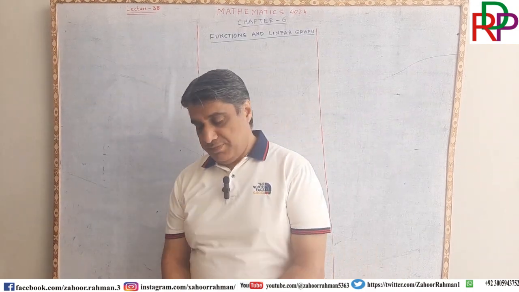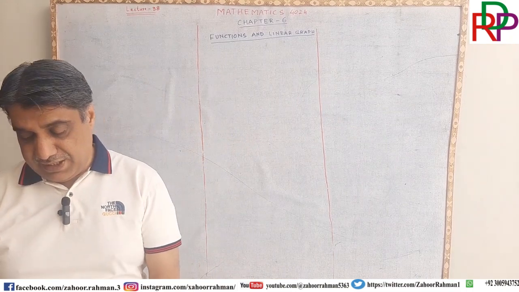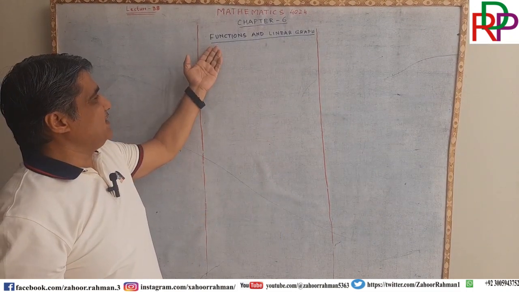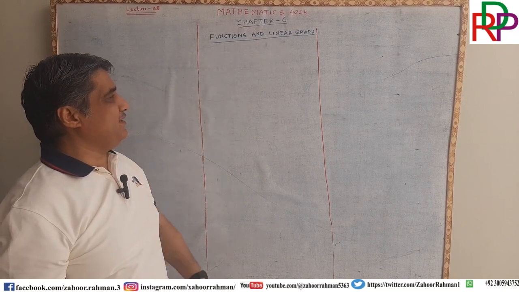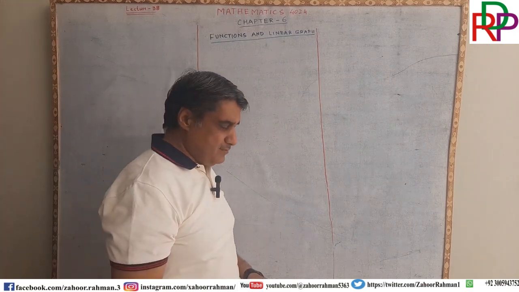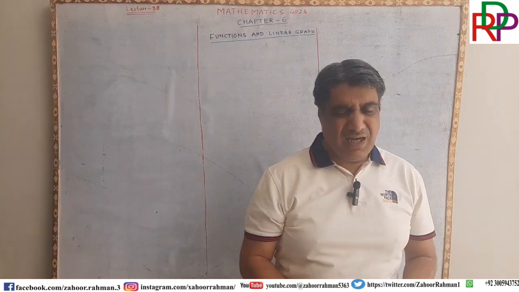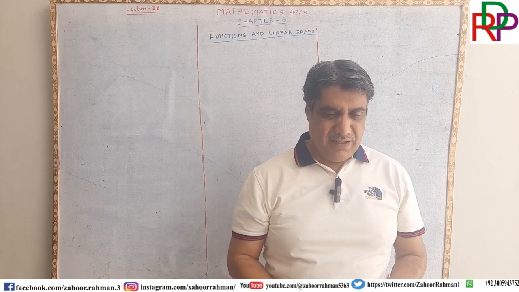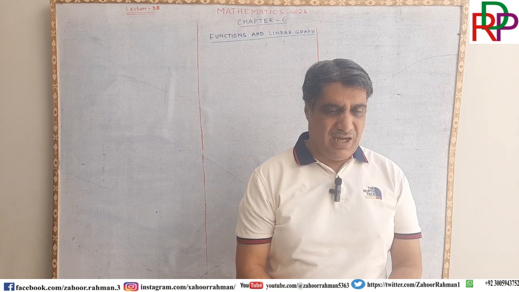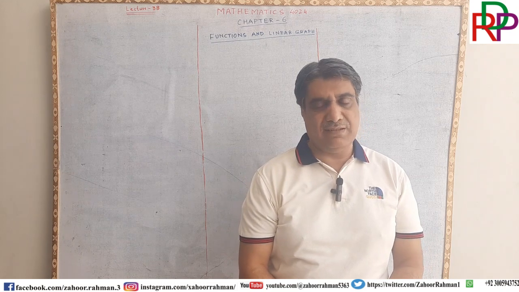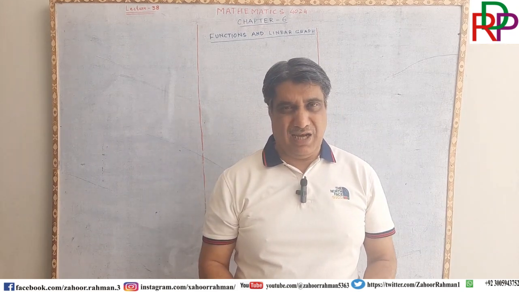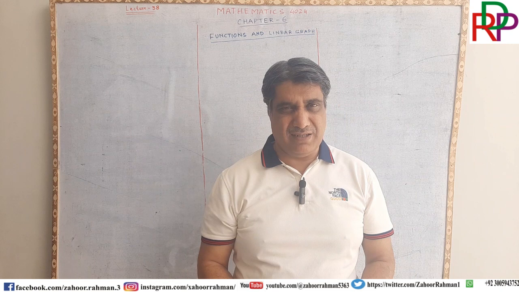Okay, ladies and gentlemen, the next chapter is chapter number 6, whose name is function and linear graph. For graph, I told you earlier that the pictorial representation of data is called graph.